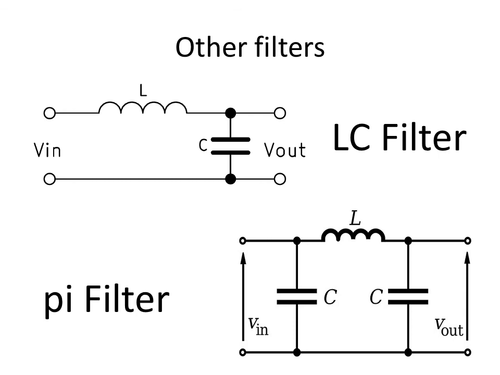In the first one, you have the inductor in series and the capacitor in parallel. It is in the shape of an L, so since it contains L and C, it is referred to as an LC filter. You can also use two capacitors and one inductor, and in that case too you connect the two capacitors in parallel and the inductor in series. One example is shown here, and it forms the shape of pi, therefore it is referred to as a pi filter.